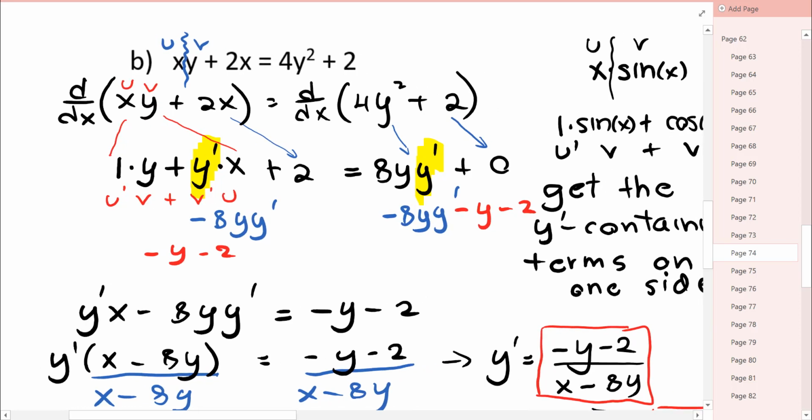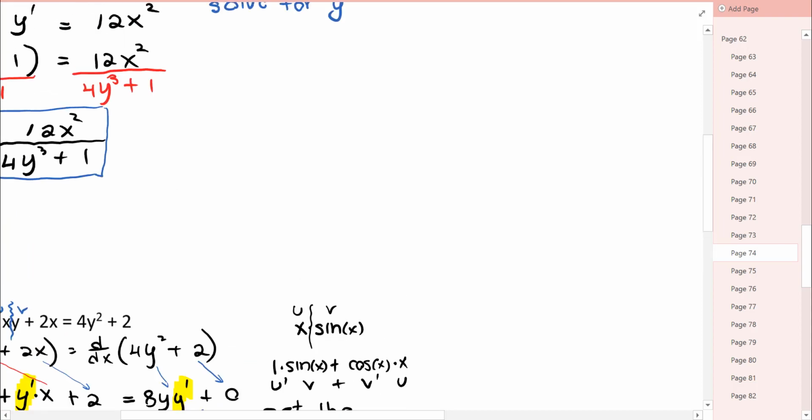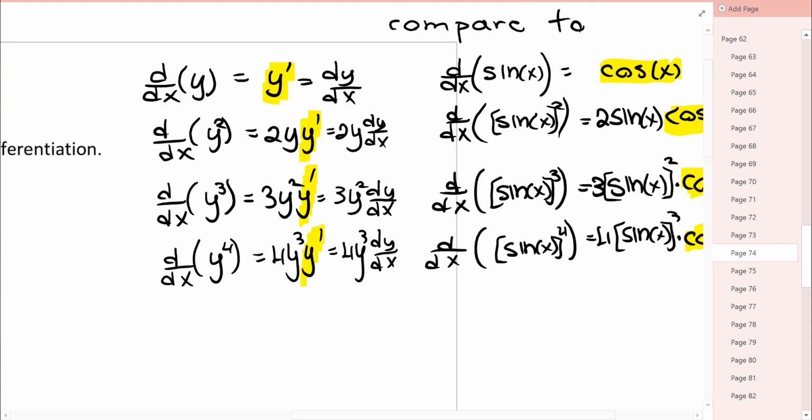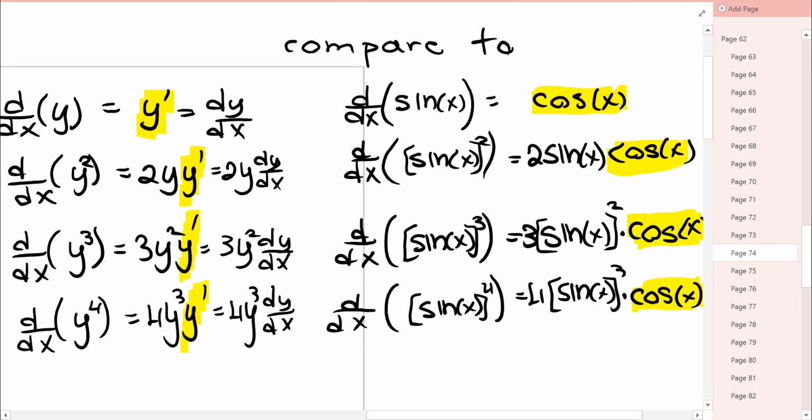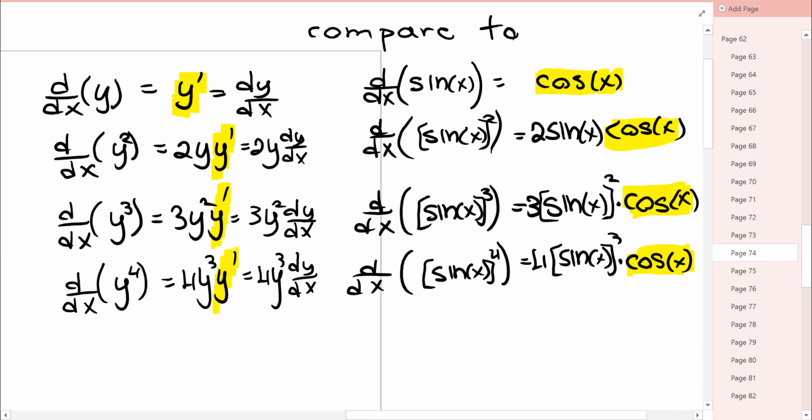So remember when we had this thing up here, where we have to use the chain rule? Well, I was making an analogy between these two. Like y is some mystery function of x. So d by dx of y squared is 2y y prime. Just the way d by dx of sine x all squared is 2 sine x cos x. Right? That's what we were doing yesterday? Or no, Friday, sorry. Remember that?